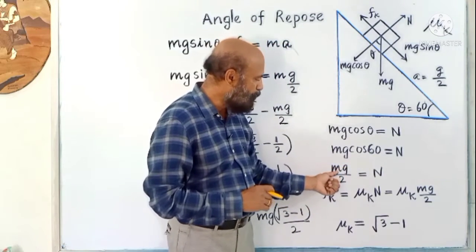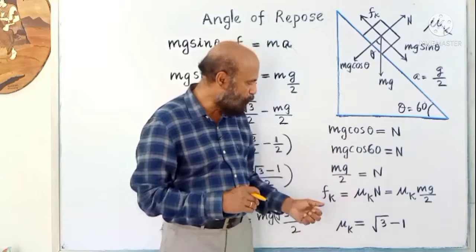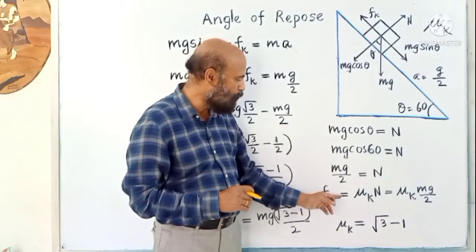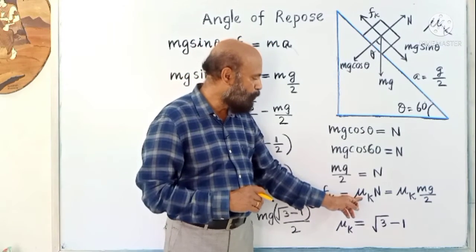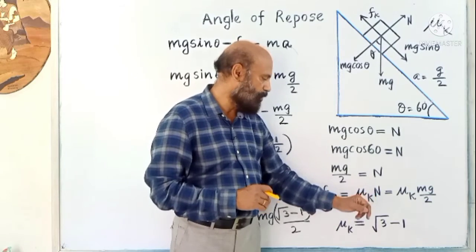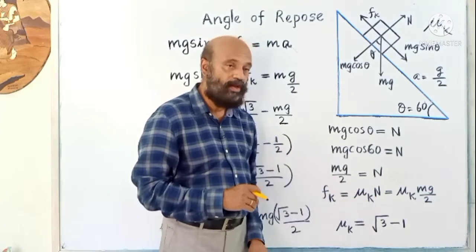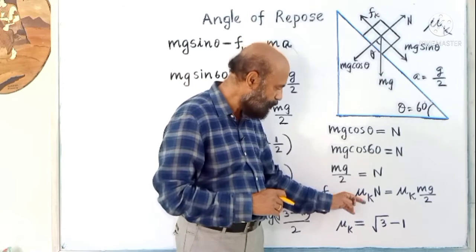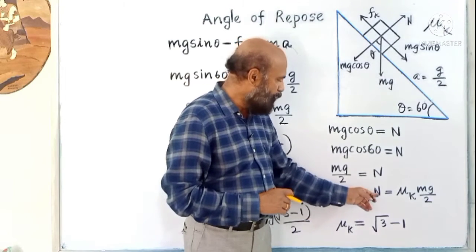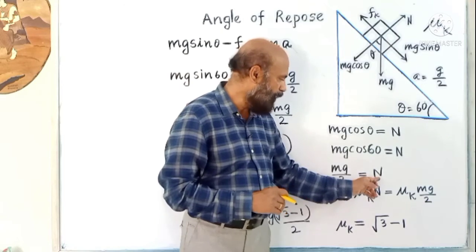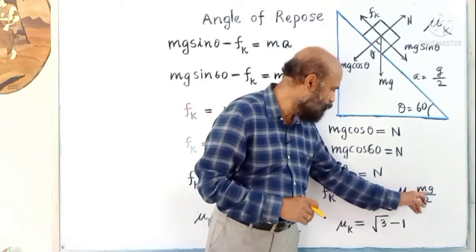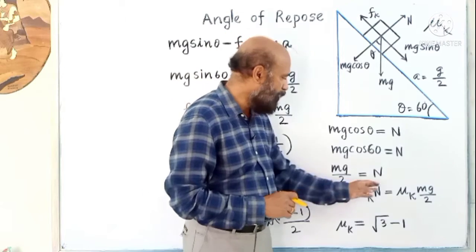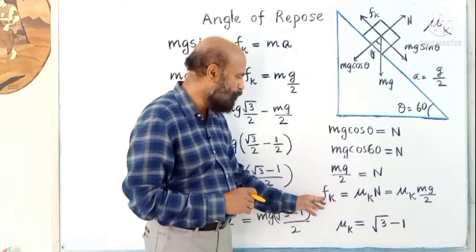So you can get mg by 2 is N. But you know, the kinetic frictional force is equal to mu k into N, where mu k is the coefficient of kinetic friction. Mu k into N. For N, we can write mg by 2. So we are getting another expression for the kinetic frictional force.